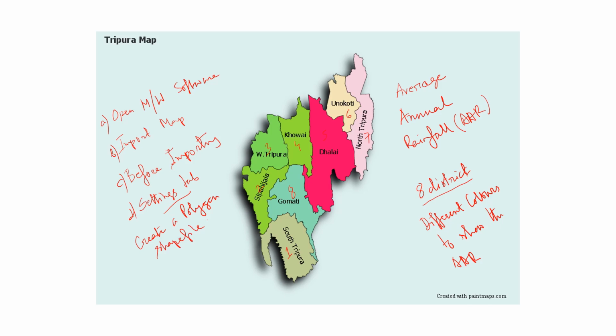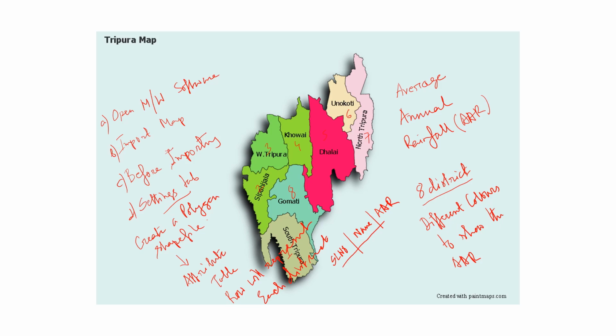And create an attribute table where each row will represent each district, and there will be 3 columns in that table. One is the serial number, followed by name of the district, and lastly annual average rainfall.